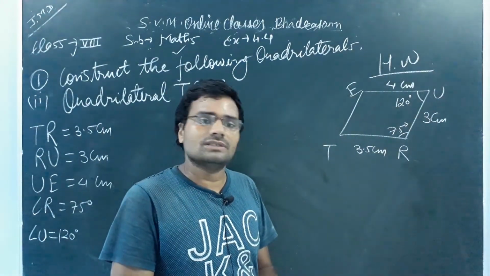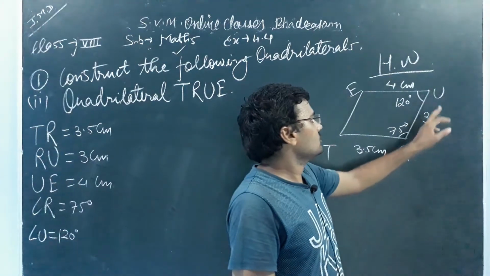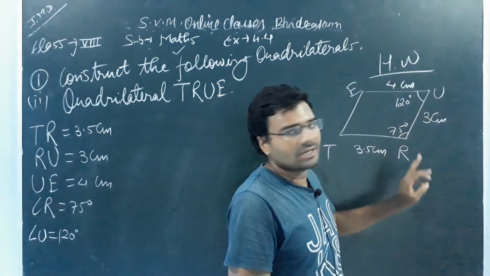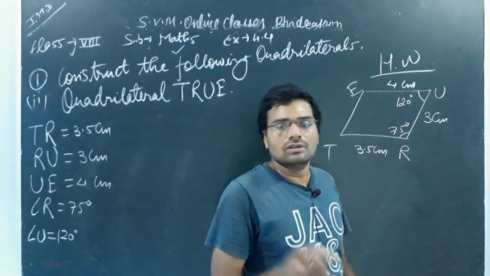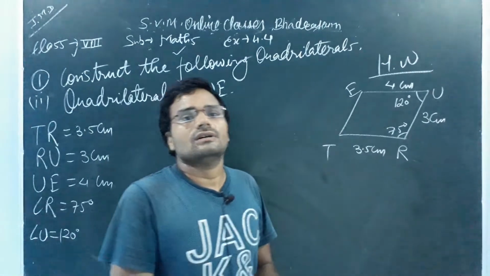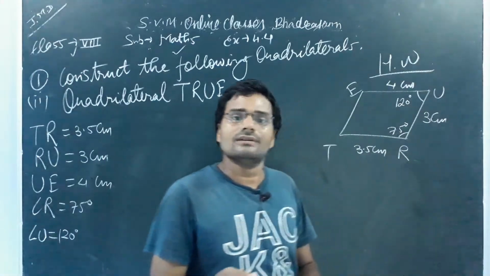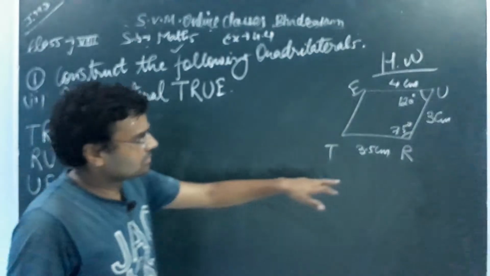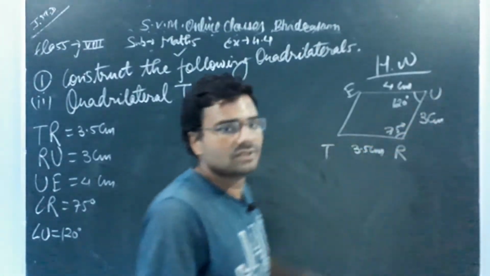We should always remember that the side which is inclined in between two angles must be drawn first, so that the whole construction will be convenient for us. So I will draw this side RU, which is of 3 centimeter.